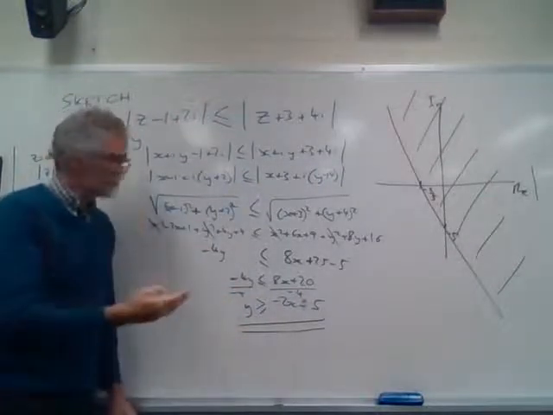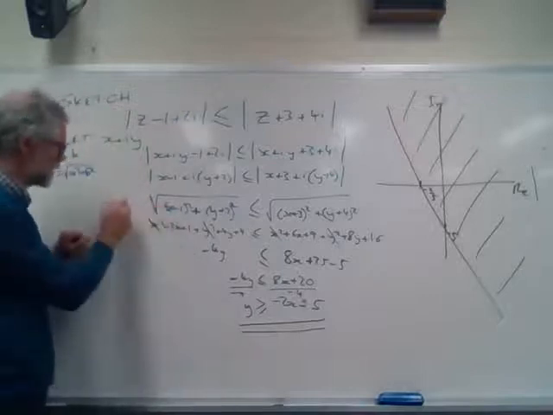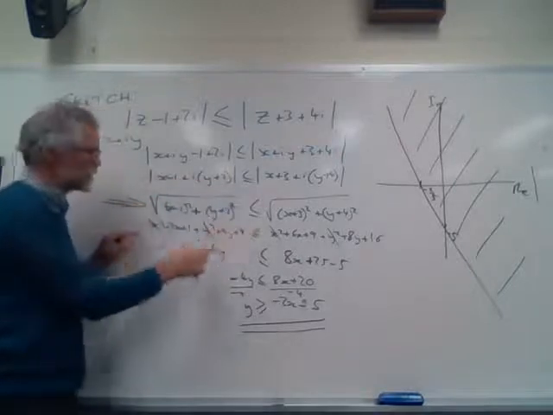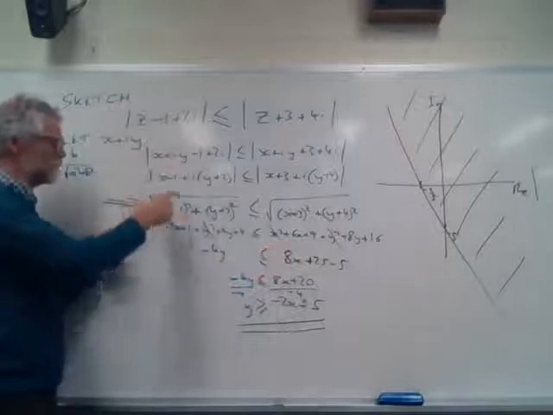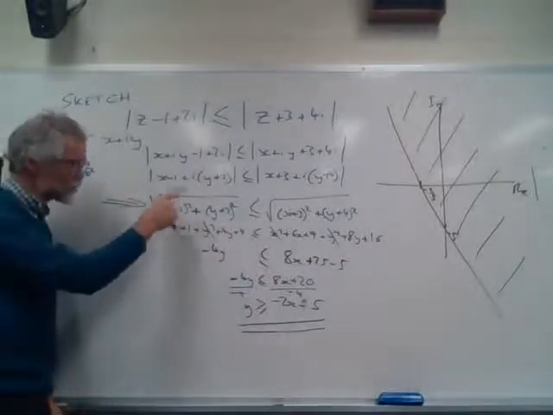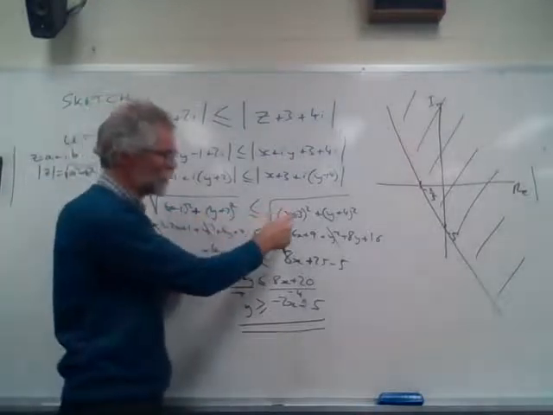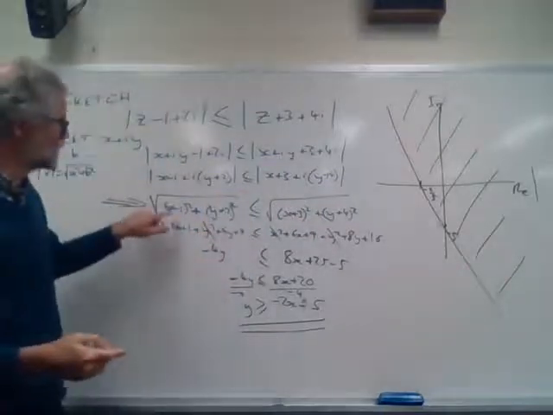But what has actually happened at this stage, with this line here, if you square both sides, you get that and that, and you get that and that. Now, normally, a modulus of just something by itself is a circle. This one will have a center of 1, -2. This one will have a center of -3, -4. Let me just plot those circle centers.